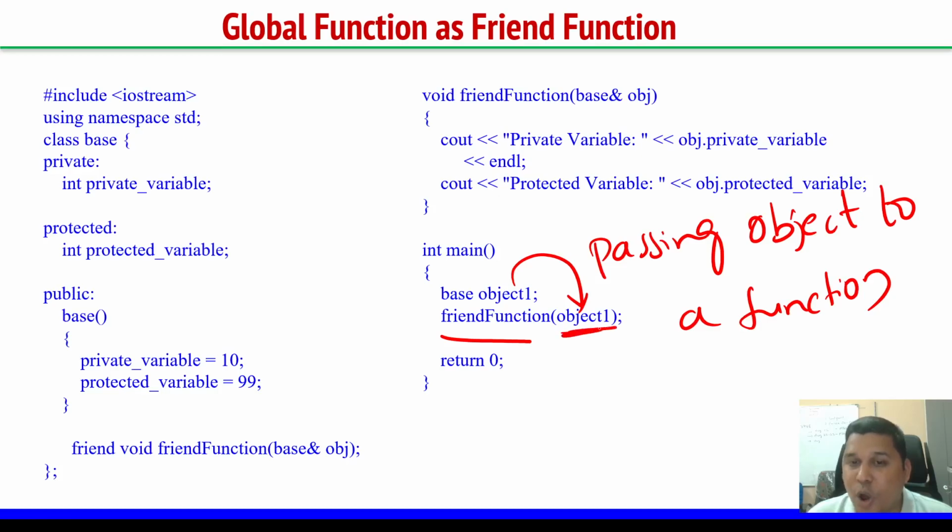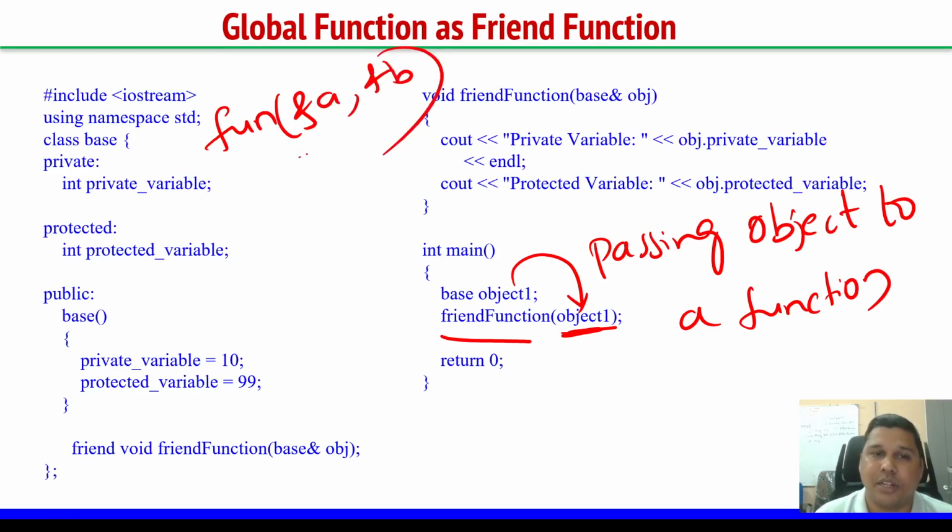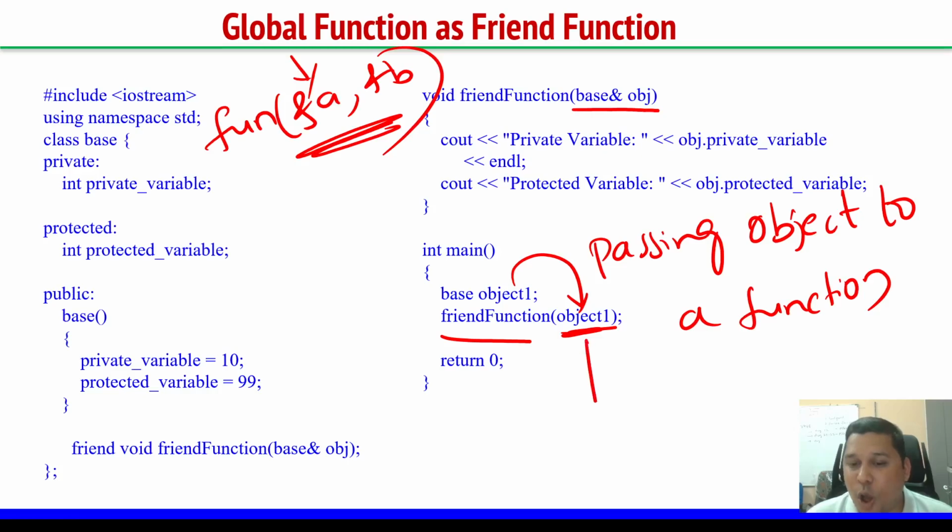When I pass an object to a function, you know how to receive an address. When you are passing an address, there is a function fun, and you are passing the address like this. So to receive it I have to use base ampersand obj. Why the base class name here?